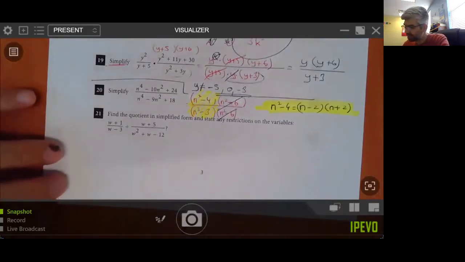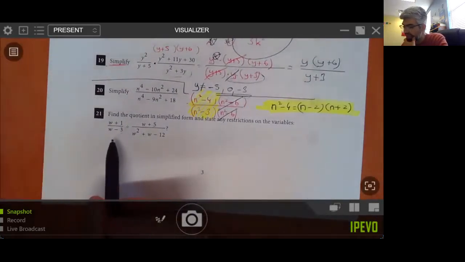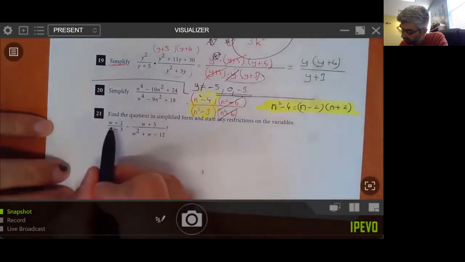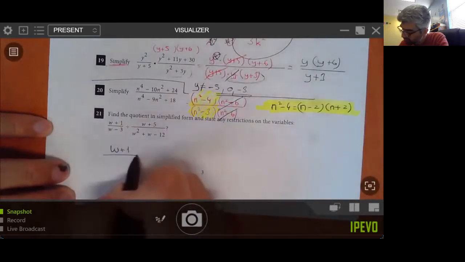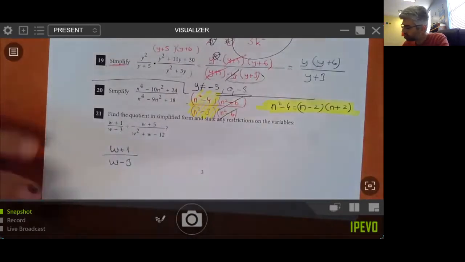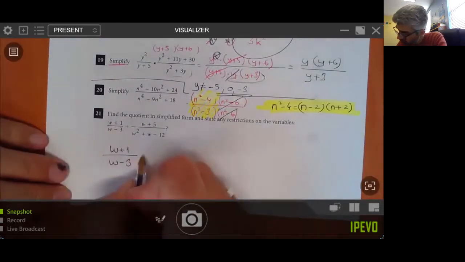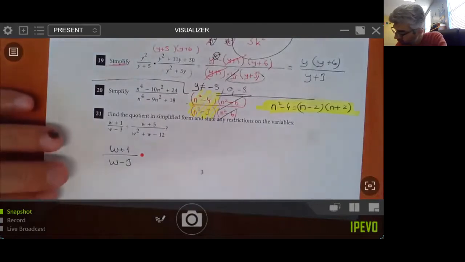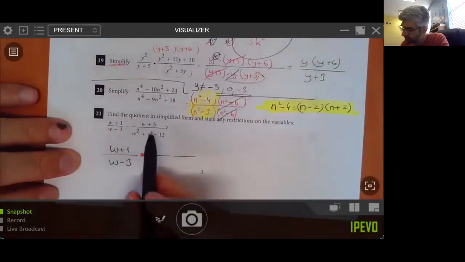Number 21, division here we have. So we know what to do. Here, there is nothing to do in the first fraction. I have w plus 1 over w minus 3. And if I have a division, I multiply by the reciprocal of the second fraction, right, guys?